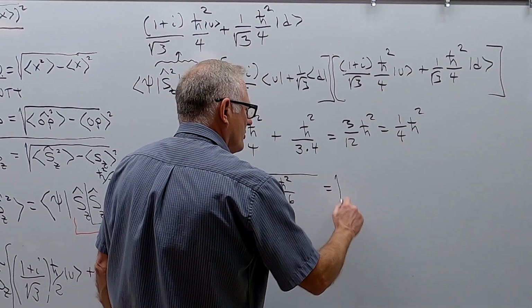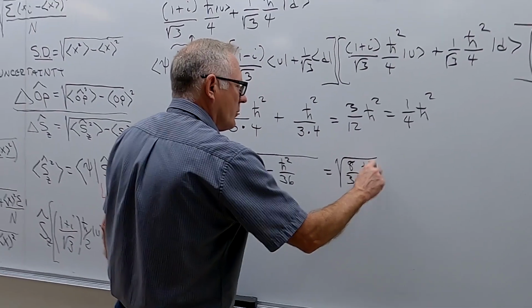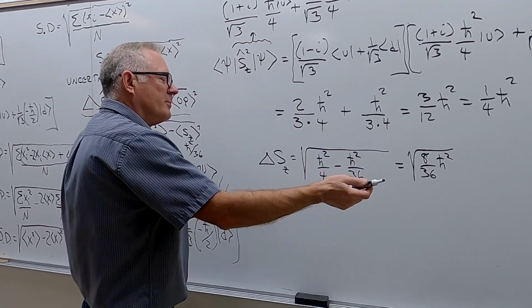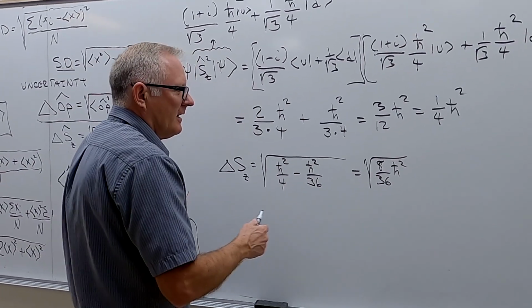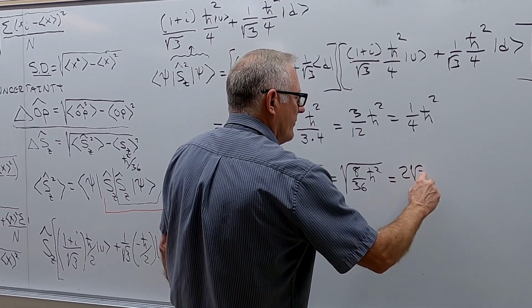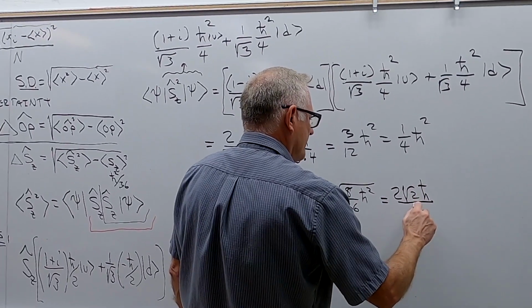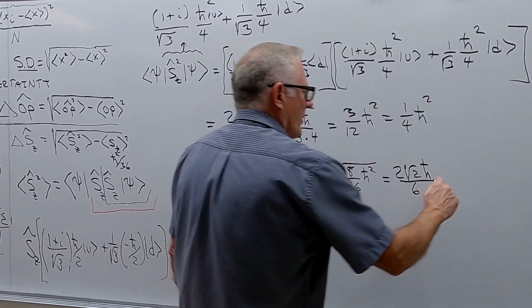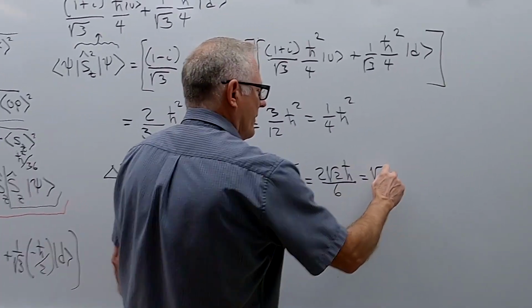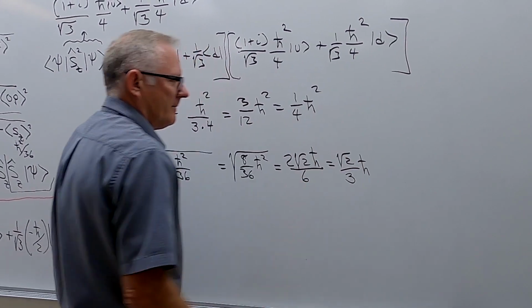So this is the square root of 8/36 h bar squared. I can bring out the h bar squared, bring out the 36, and just take the square root of 8. So you end up with 2 square root of 2 h bar all over 6, which is equal to the square root of 2 all over 3 h bar.